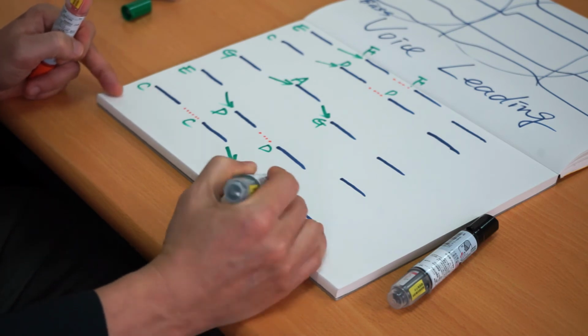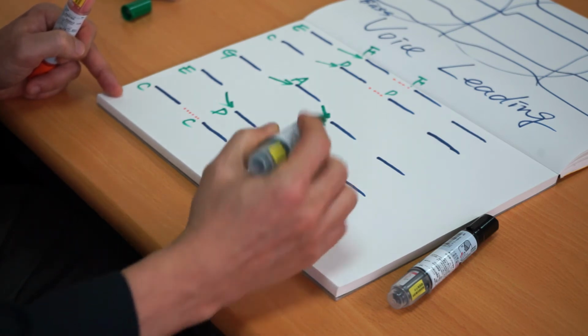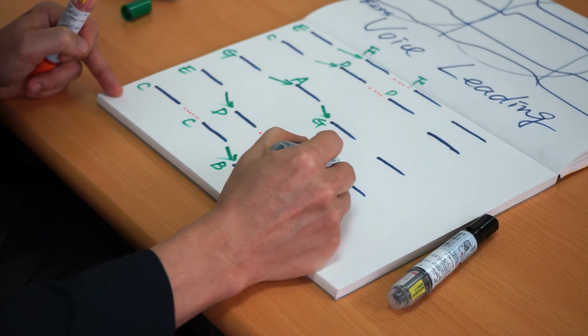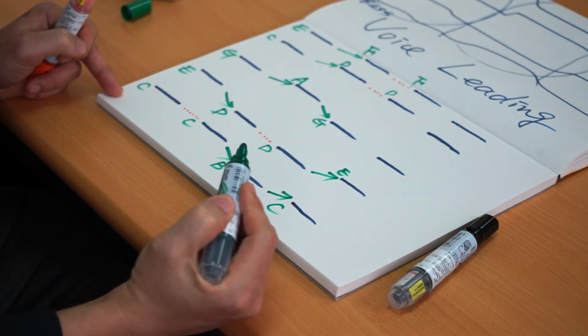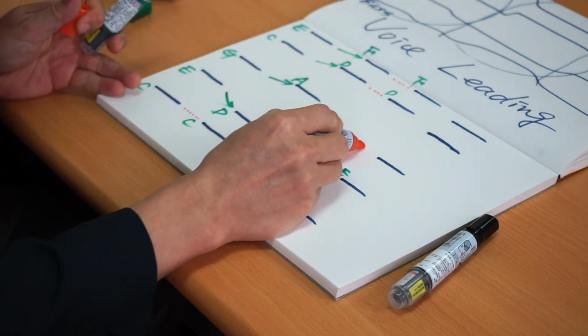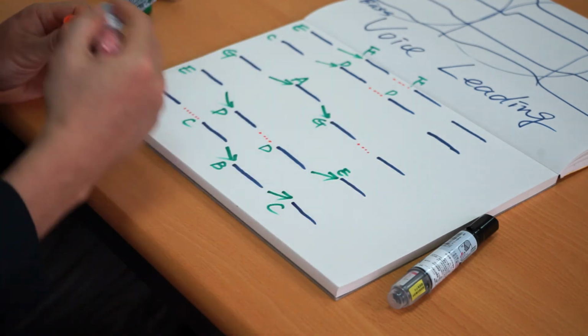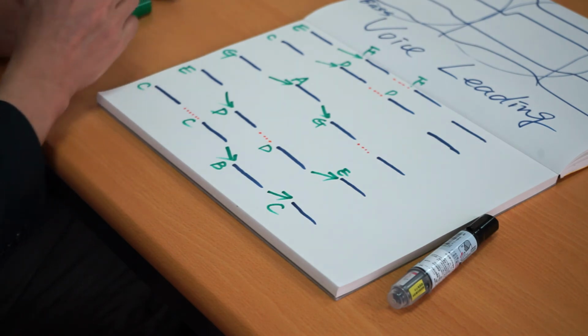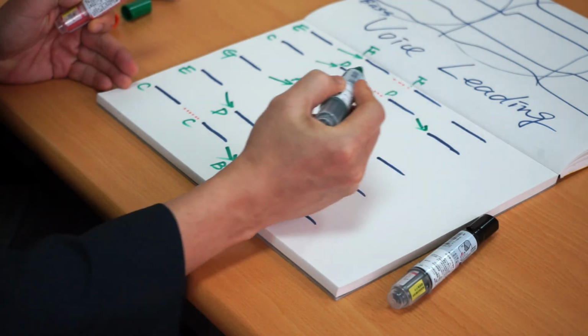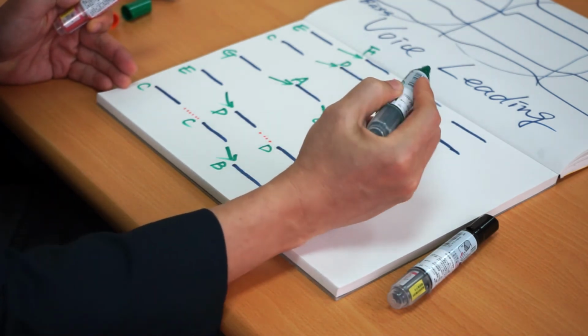It seems to go up, back to C. And this seems to go up, back to E. And this one seems unchanged. And this one seems to go down to C again.